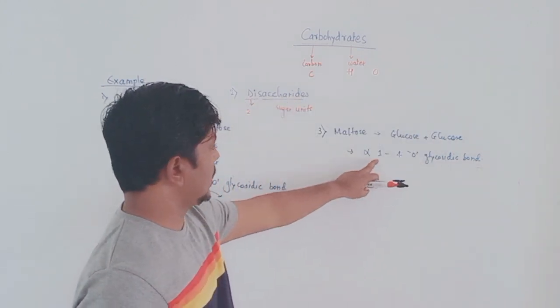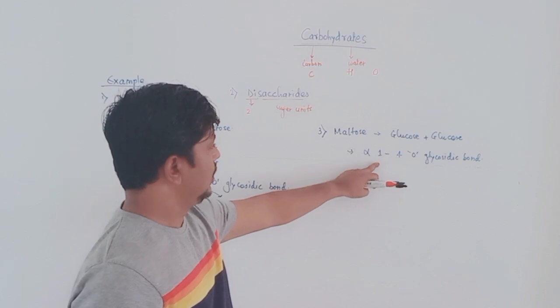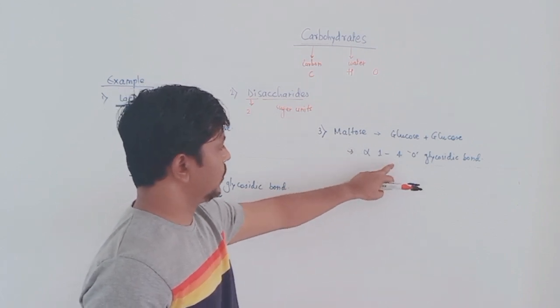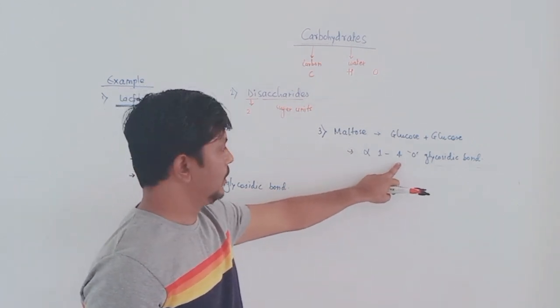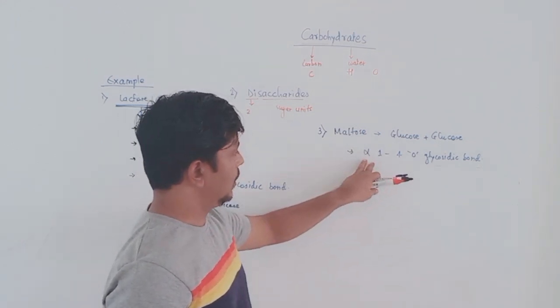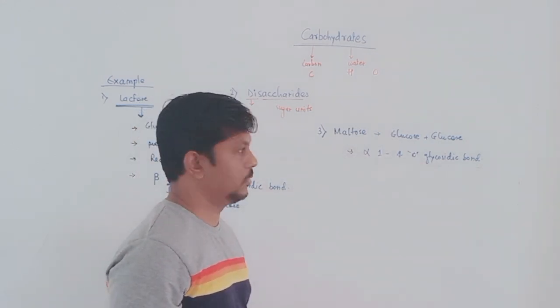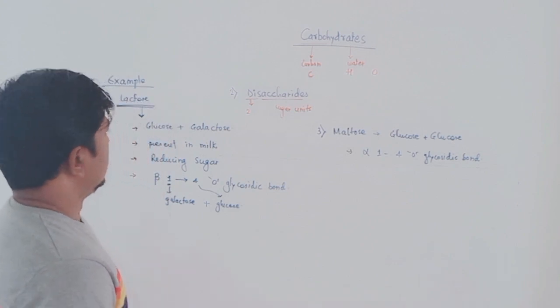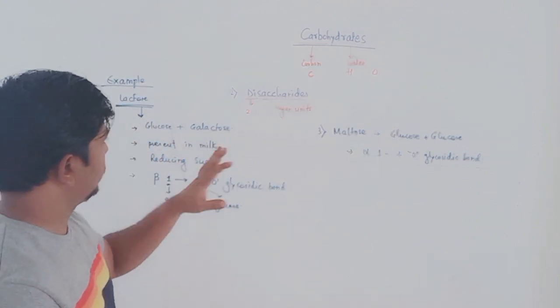So the first carbon atom of one glucose molecule is linked together with the fourth carbon atom of the second glucose molecule, forming an alpha 1,4 glycosidic bond. So these are the examples of disaccharides.